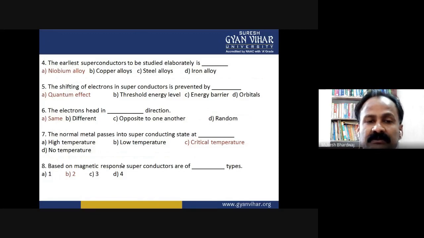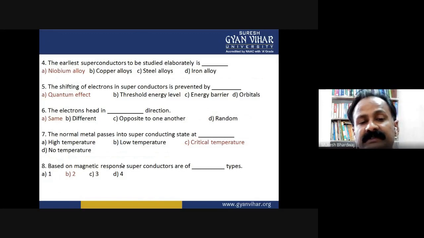The electrons head in the same direction. The normal metal passes into the superconducting state at a critical temperature, that is Tc.